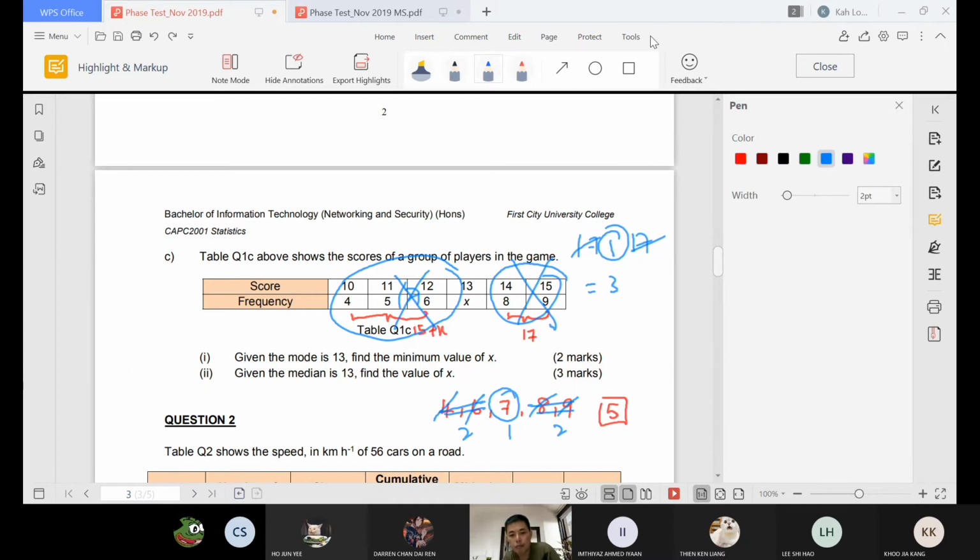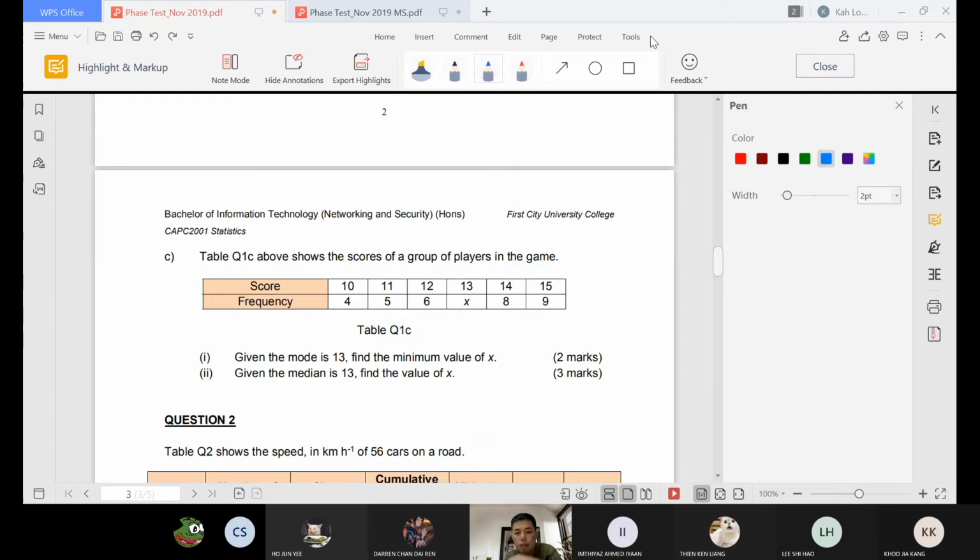Okay, now let's say Kelvin, if my x is 2, what happened? What is my median right now? Divided by 2, also 34. Okay, I changed the question. Let's say my x is 2.